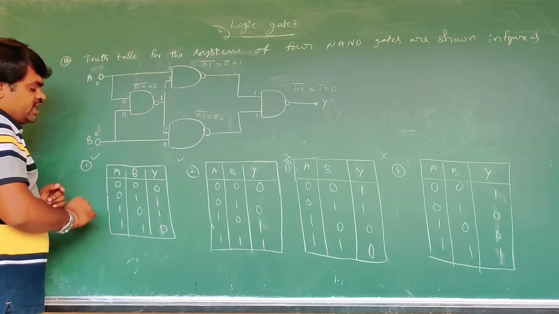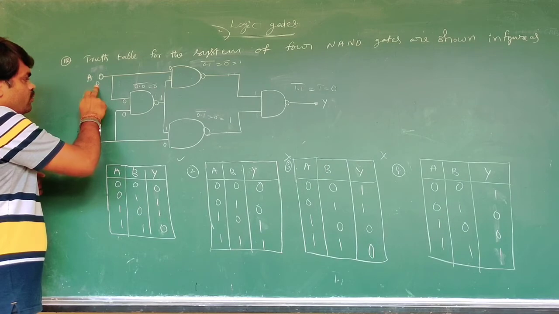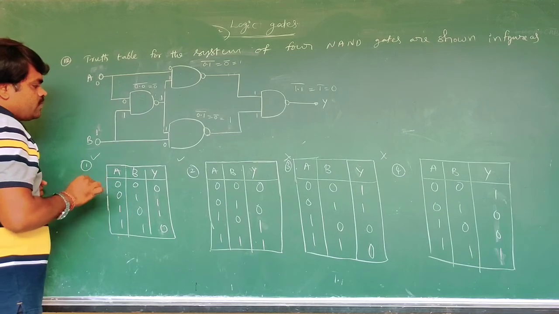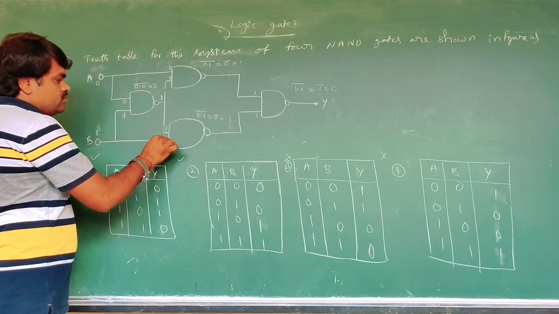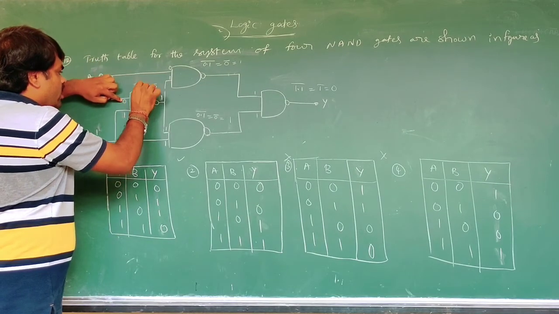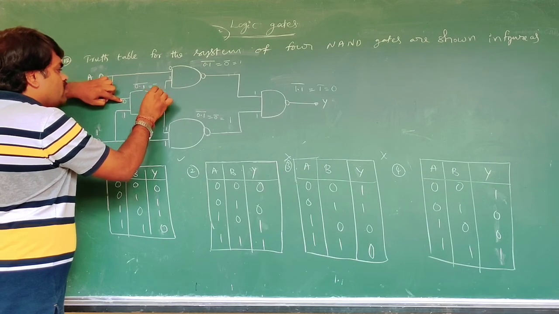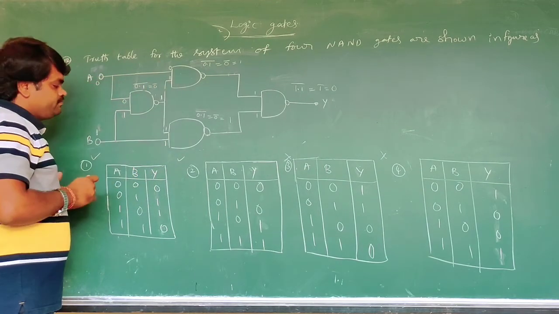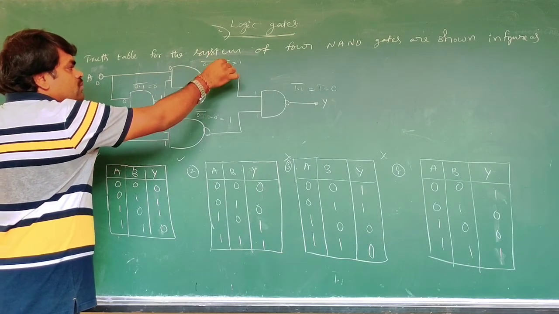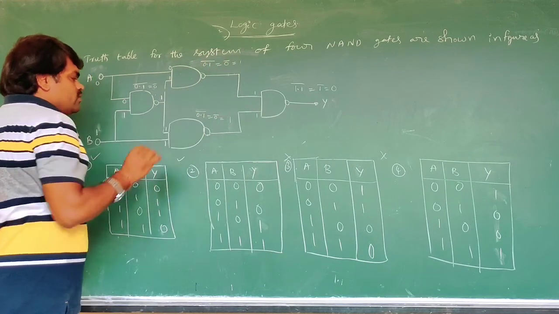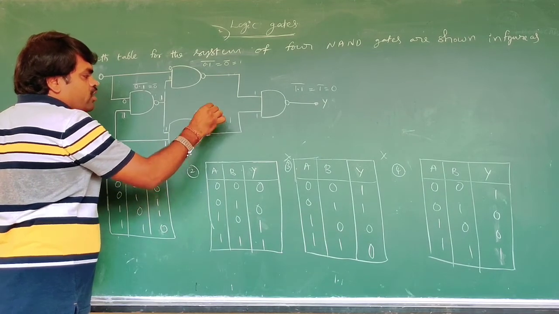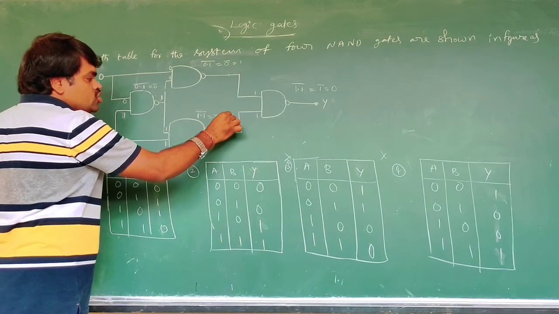Now, in the second option, A is 0, B is 1. 0 dot 1, whole bar, is 0 bar, which means 1. Now 0 dot 1 bar is 0 bar, which is 1. Then 1 dot 1, whole bar, is 1 bar, which is 0.